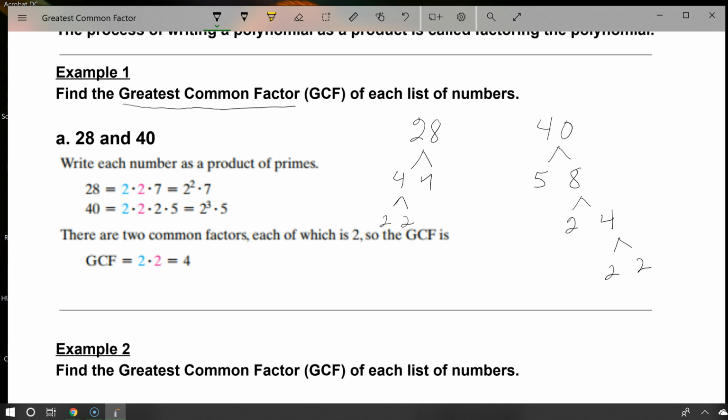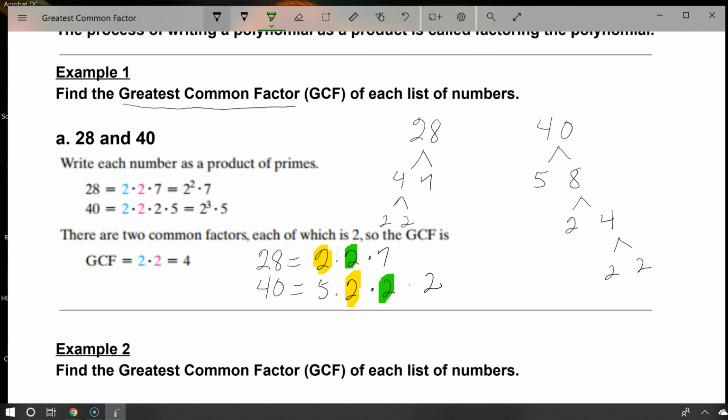So you notice the factors of 28 will be 2 times 2 times 7, and the factors of 40 will be 5 times 2 times 2 times 2. What we want to find is, what do they have in common? We know that they have this 2 in common. They also have this 2 in common.